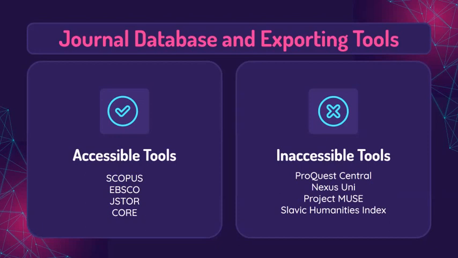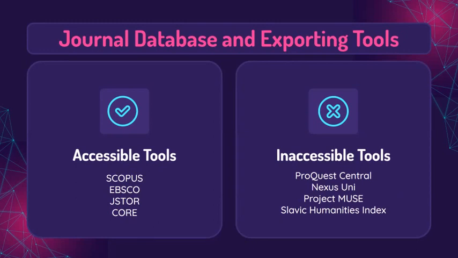Then there's another set of databases that have inaccessible tools. Some of these are big names like ProQuest, Nexus Uni, Project Muse, and then a more particular one is like the Slavic Humanities Index.